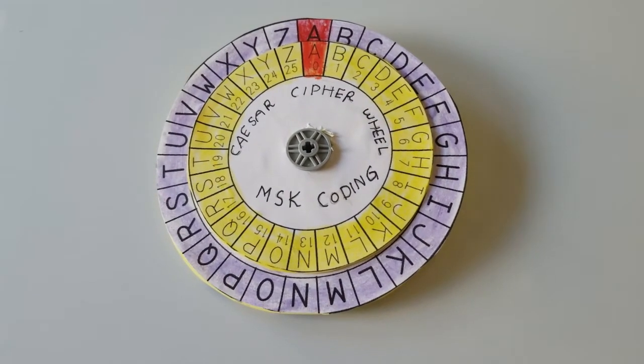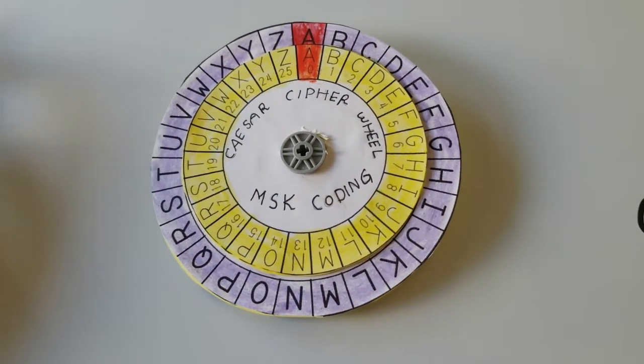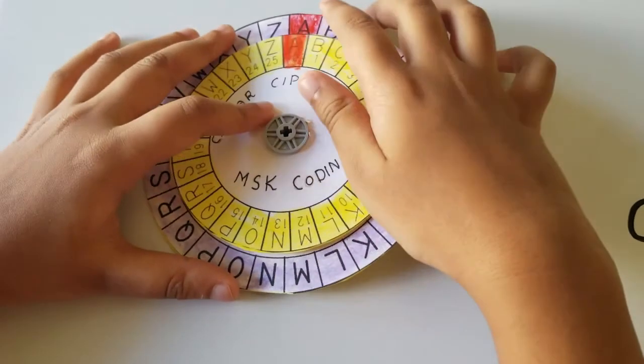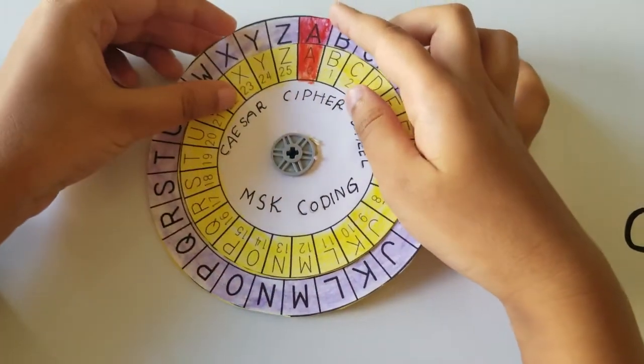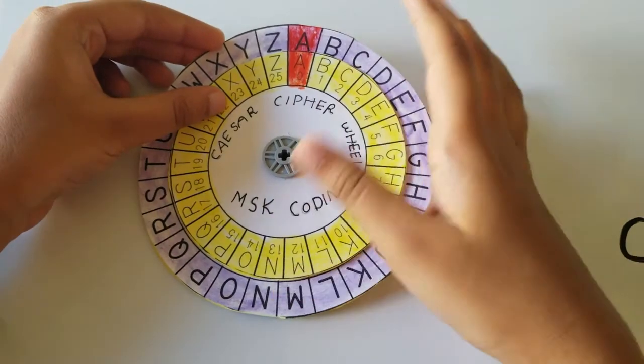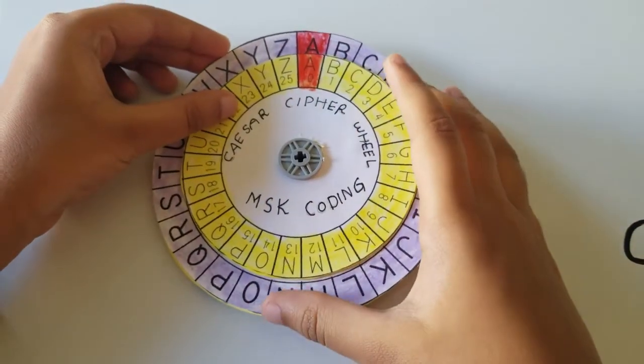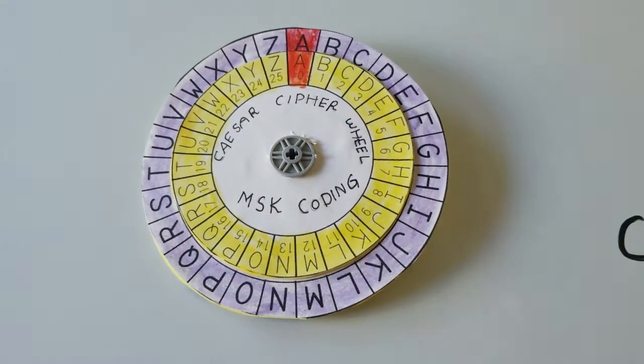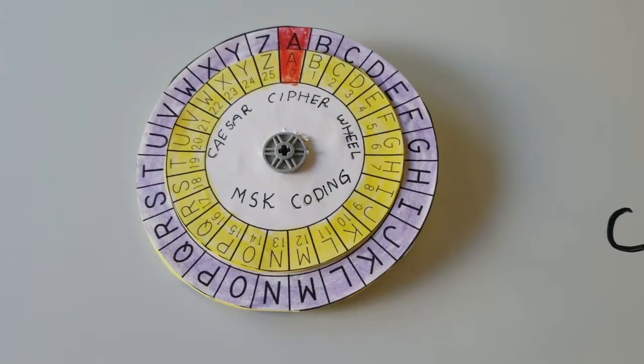The first step of using one of these is by matching the A's together. So as you see here, both A's are on the radius here. The second step is to pick a letter.